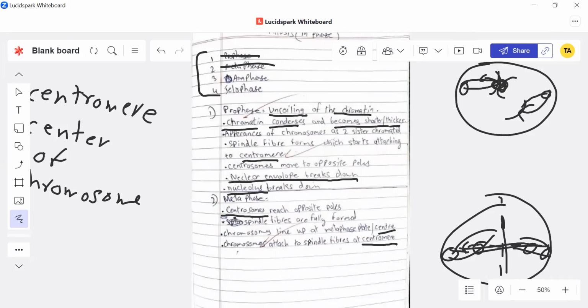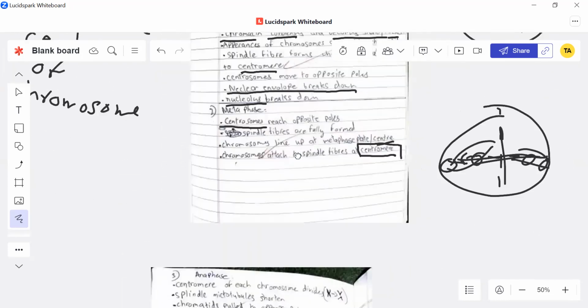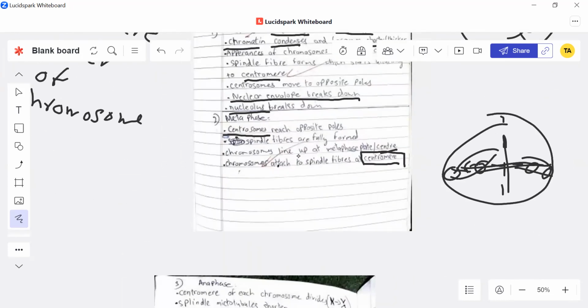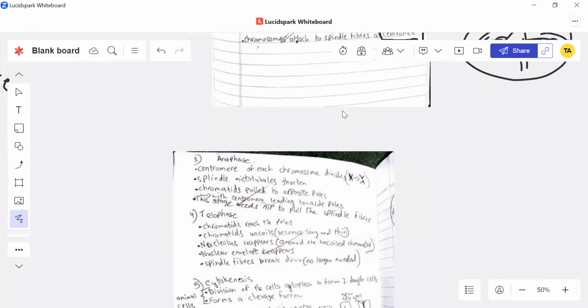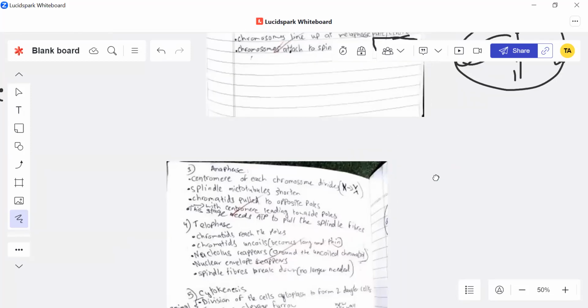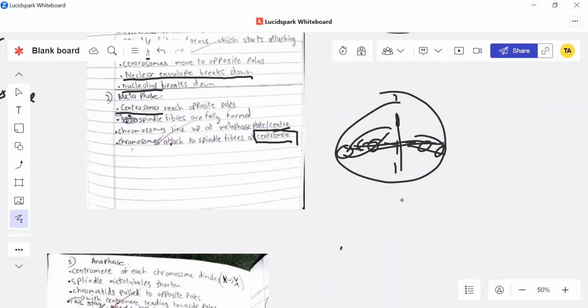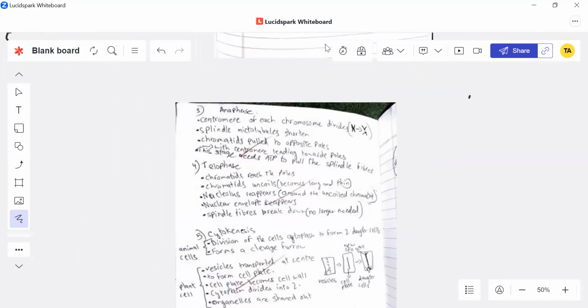Again, the spindle fiber will attach to the centromere of the chromosome. This is basically metaphase. Now that the spindle fiber is attached to the centromere, we'll go to anaphase.